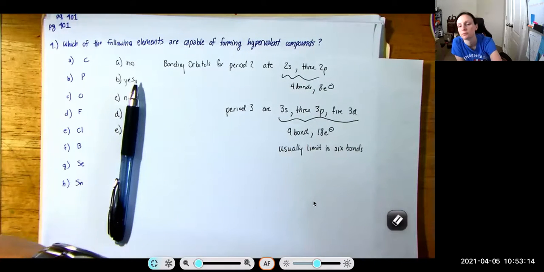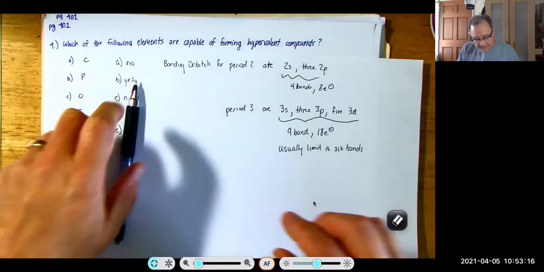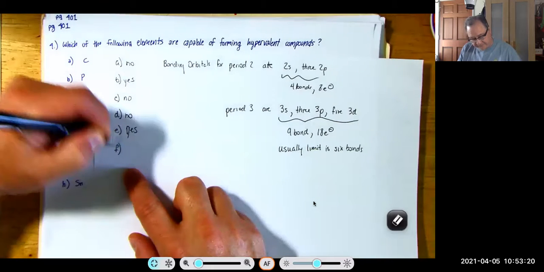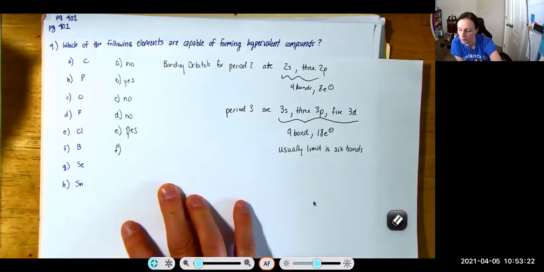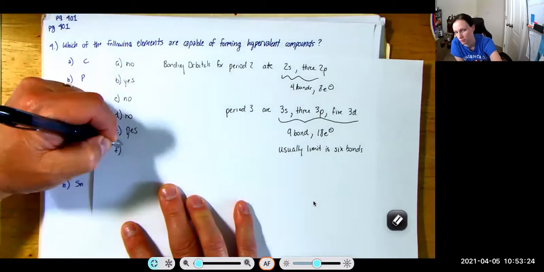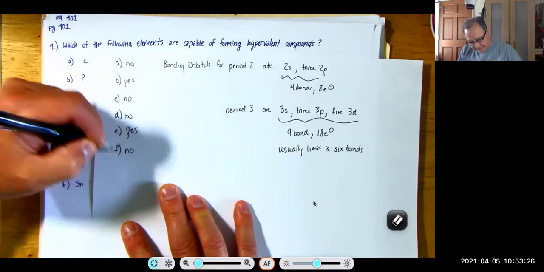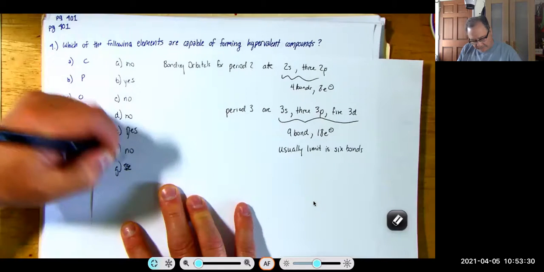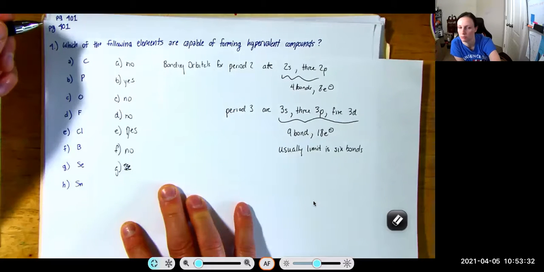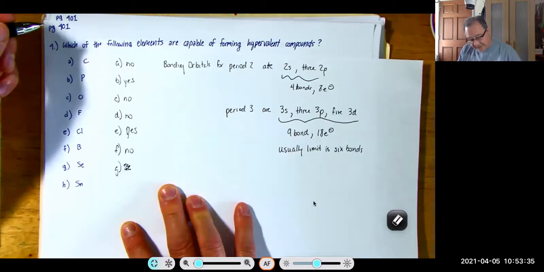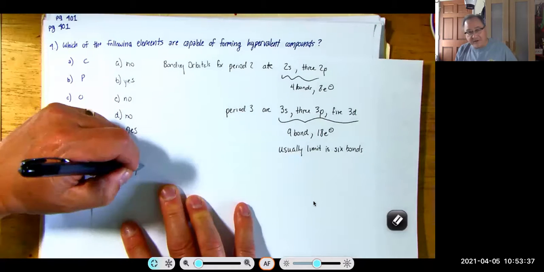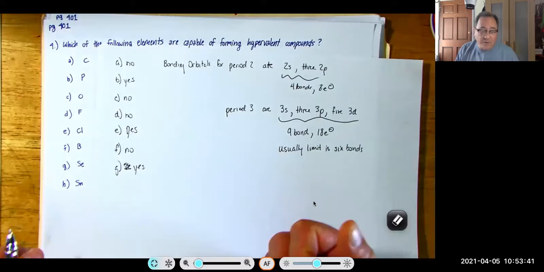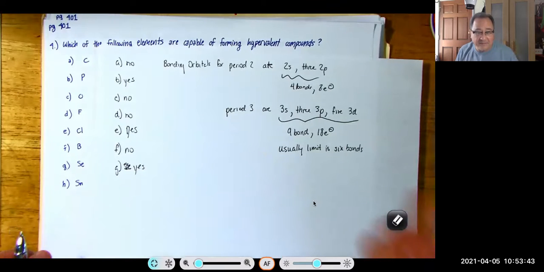Okay, so with that in mind, how about boron? No. How about selenium? I'm going to say no. No, it's a yes, because in period 4, they have a 4s, 4p, 4d, and 4f, right?